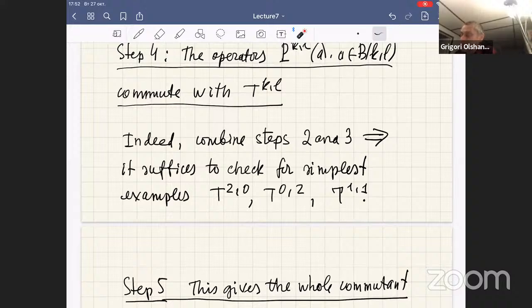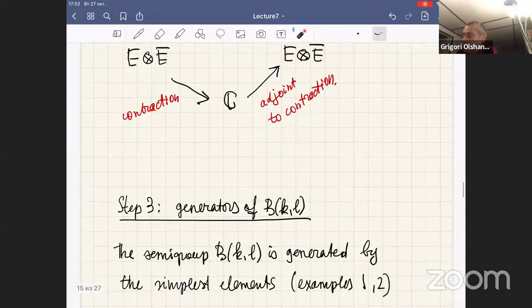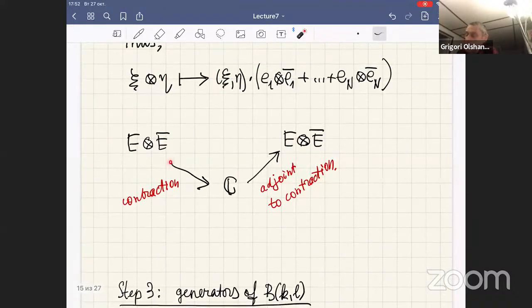But what happens in the case of the mixed tensors? Just look at this picture. This row and this one, all of them are equivariant with respect to our symmetry. I mean, they are consistent with the action of our group.